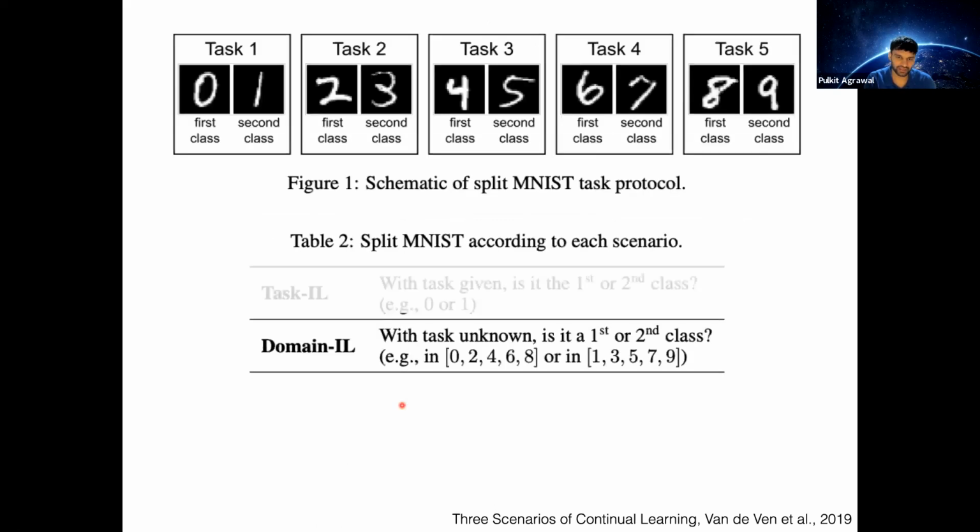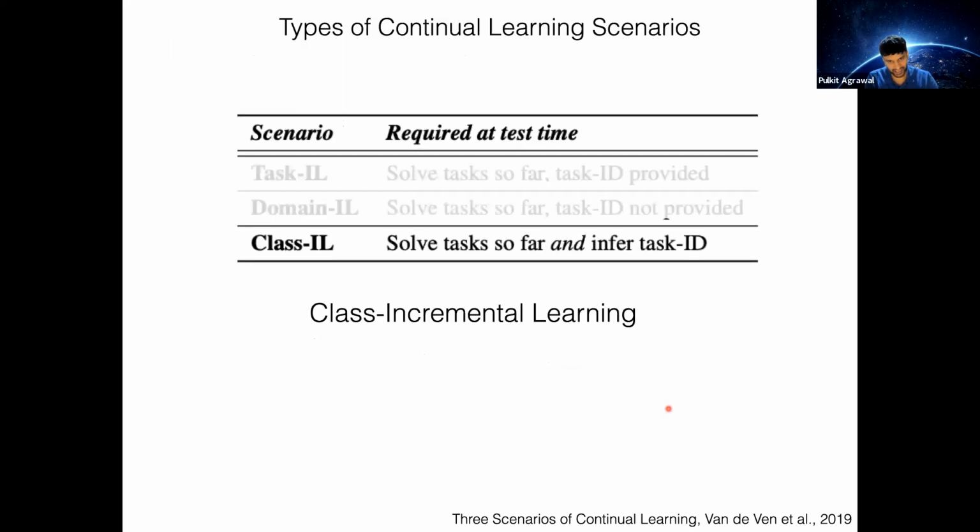For example, over here, I can choose any one of these tasks and say, is this a first class or a second class? If you get any of 0, 2, 4, 6, or 8, you should say it's the first class. If you get any of 1, 3, 5, 7, or 9, you should say it's the second class. So over here, I'm not giving the task ID.